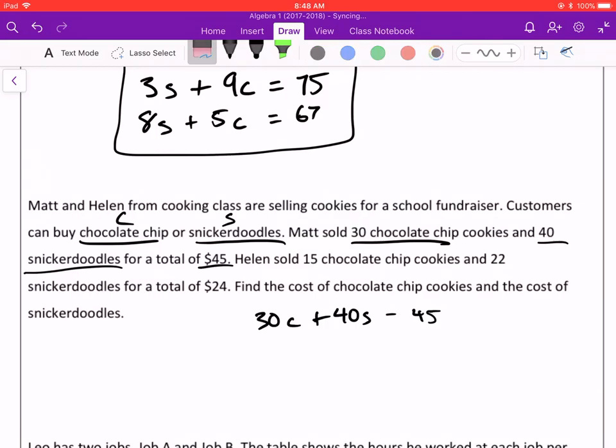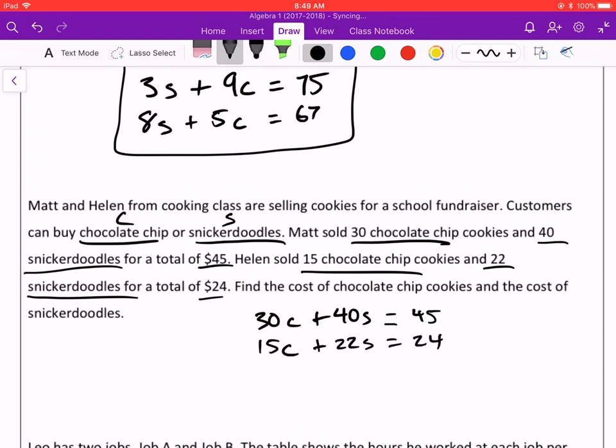Okay. And let's just leave that alone there. Helen, so another equation, somebody else, right? She sold 15 chocolate chips, 15C, and 22 snickerdoodles, so plus 22S, for a total of $24.